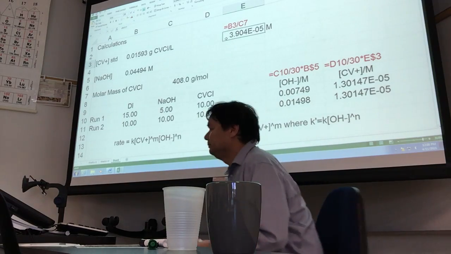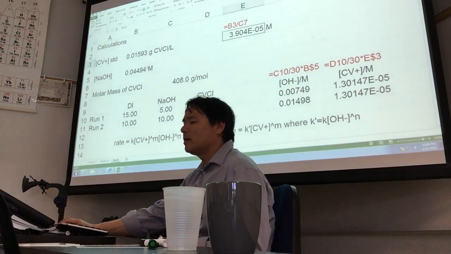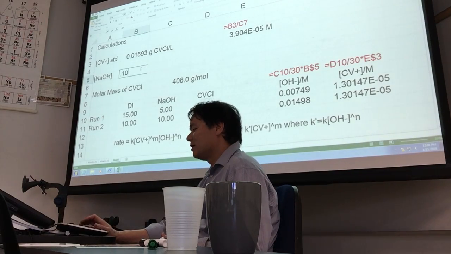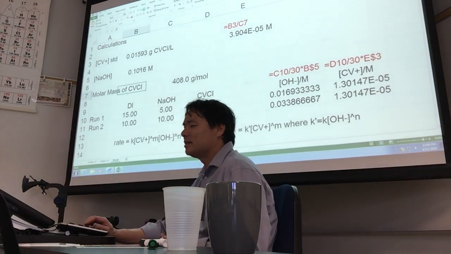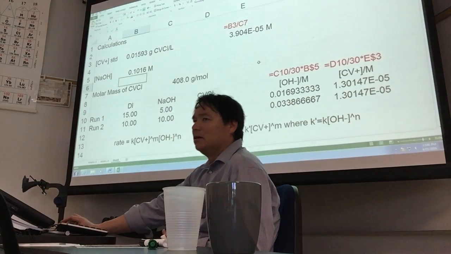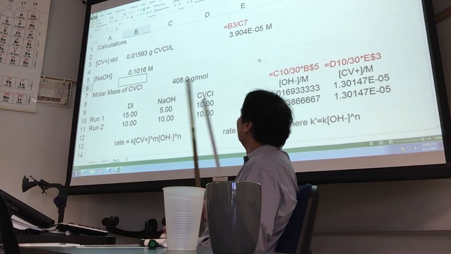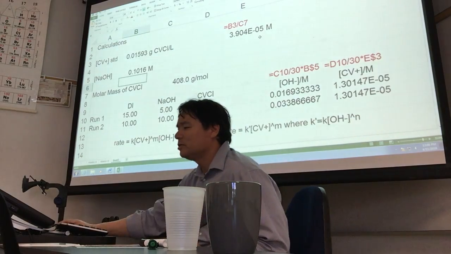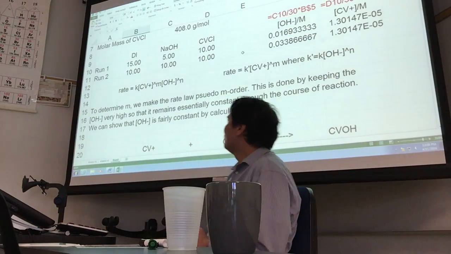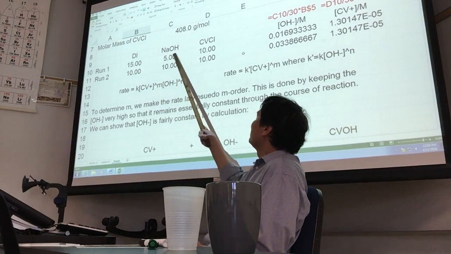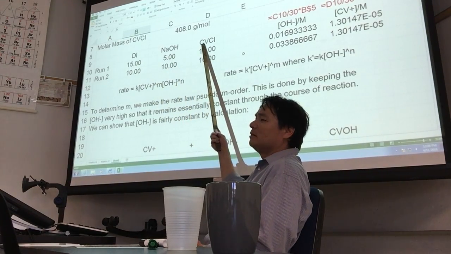All right. What was the molarity of the sodium hydroxide standard that we used? I know what it is. It's 0.1016. You don't have to look it up again. 0.1016 molar. All right. Then we did our solution dilutions next. In run 1, we did 15 DI water, 5 sodium hydroxide, 10 CV, right?